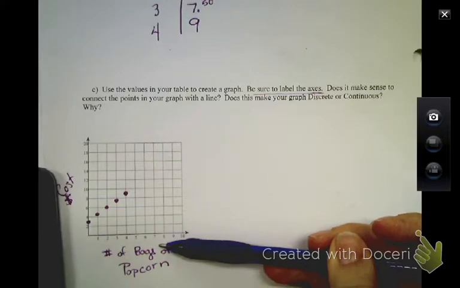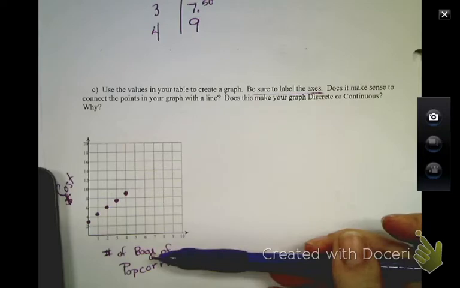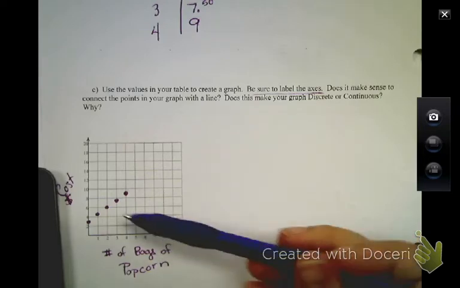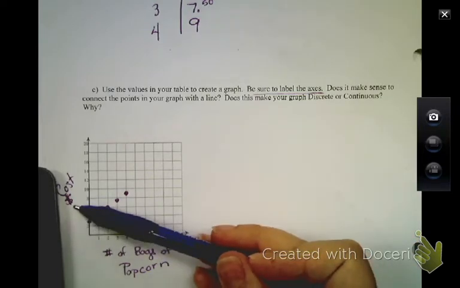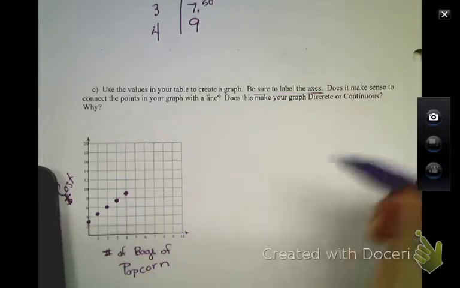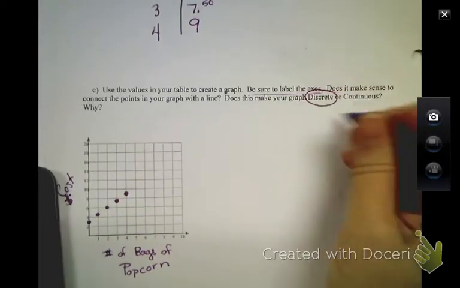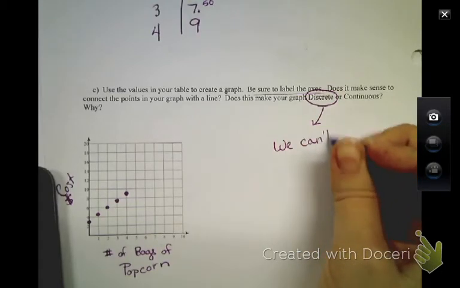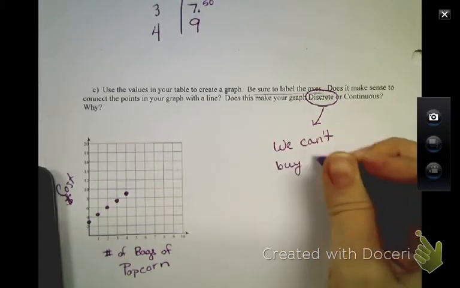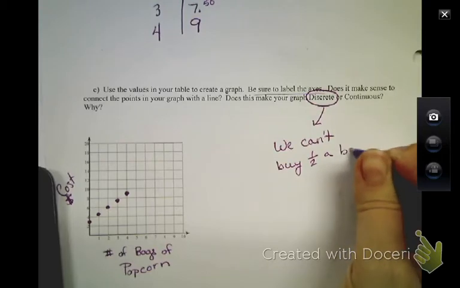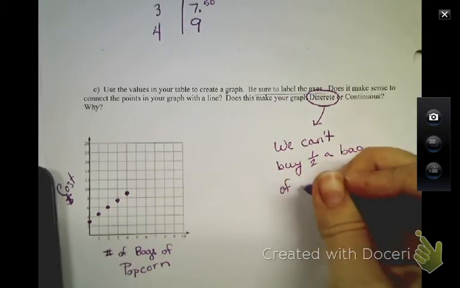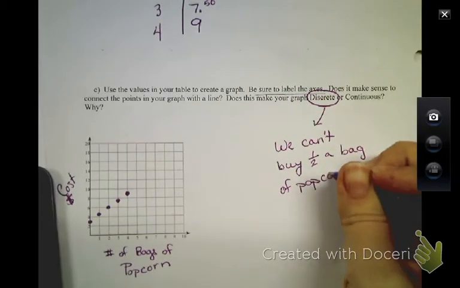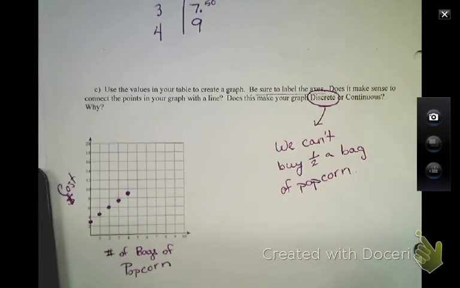You can't get a fraction of a bag and the concession stand not charge you for a full bag. So this graph would be discrete because we can't buy half a bag of popcorn. We're still going to get charged that $1.50.